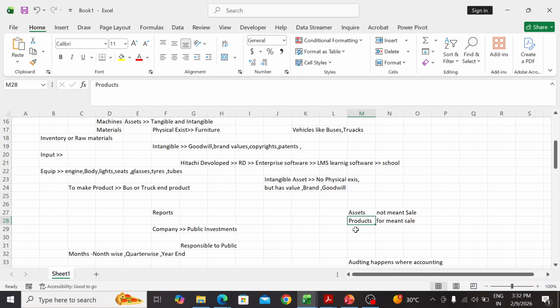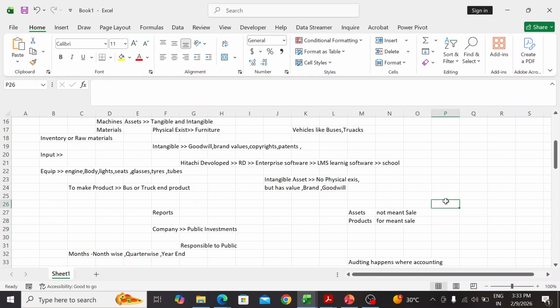Products are meant for sale because by using assets we produce the products. Say, for example, a truck. That is our asset, it is not for sale. We are using that one for producing the products. A product is a thing which is meant for sale.